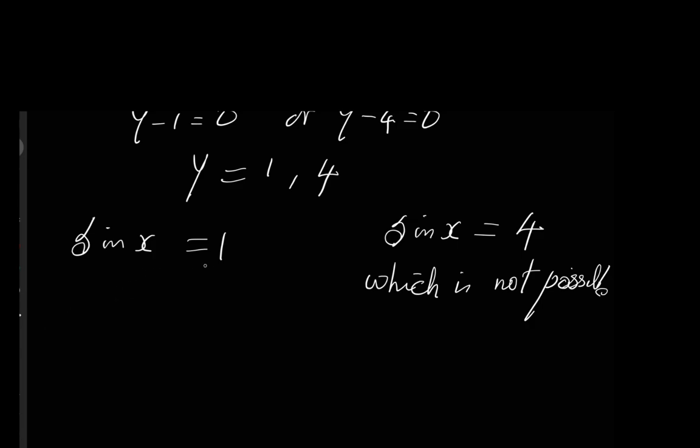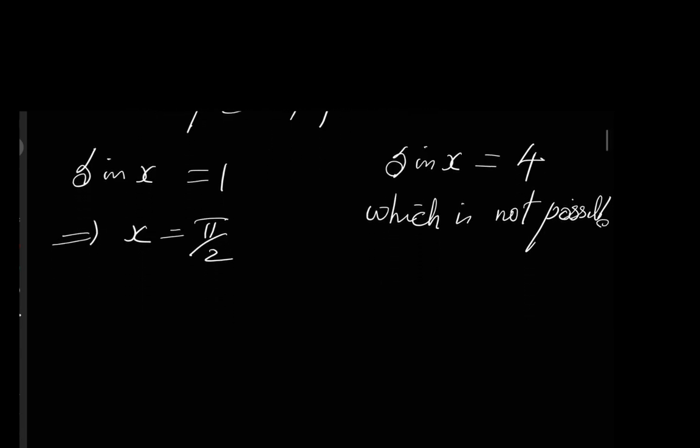When do you get sin value as 1? This implies x value as 90 degrees. Sin 90 is 1, so x is pi by 2. So we can write the general solution, which you already learned in plus 1.